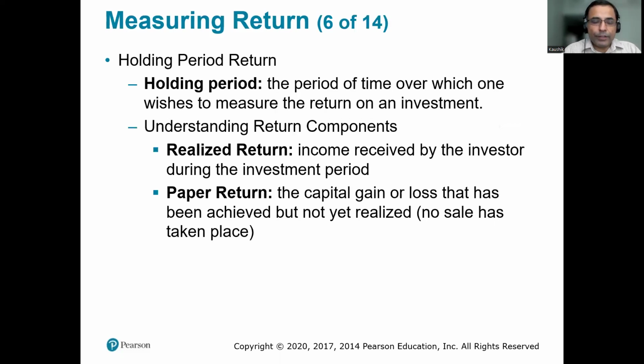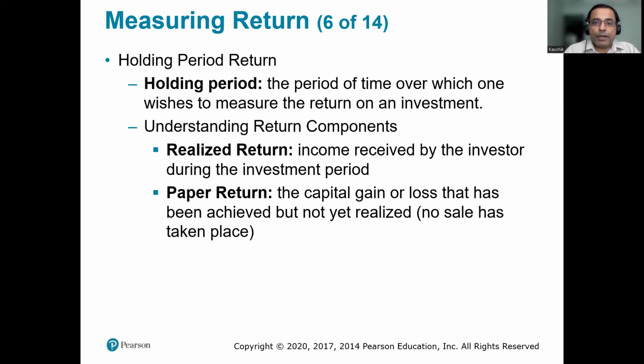Another measure of return is the holding period return. This is relevant for investments of 1 year or less. So in this case, what we do is we find the return on an investment for the total period. So one is realized return, that is the income actually received from that investment.